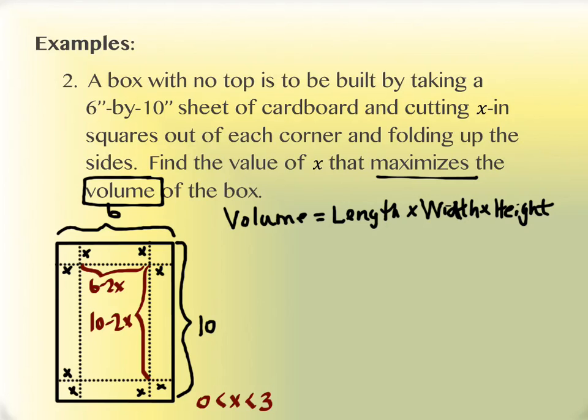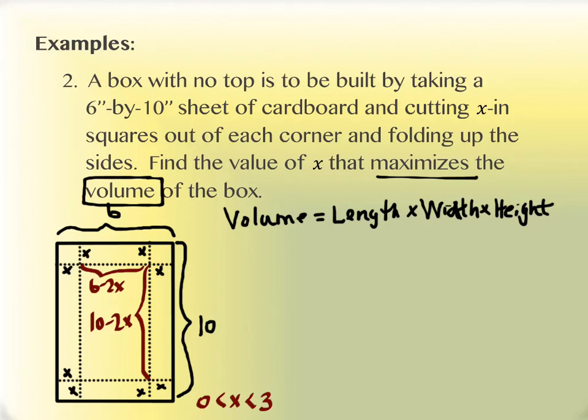If I cut in 3 inches from this way, I'd be cutting in 3 inches from this way, and I'll have no box. So I have to have my x be smaller than the value 3. Does that make sense to everyone? It will feel like sometimes this step is unnecessary, but occasionally you will get an answer that matches the equation you've created but doesn't match the context. So you do have to be cognizant of the fact that this isn't going to work for every x. All right, so between 0 and 3.